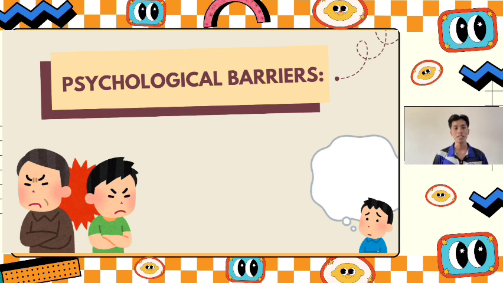So they may misinterpret the message or react defensively. The next one is anxiety. So when a listener is experiencing anxiety, they may find it difficult to concentrate and may miss important information due to the preoccupation with their own worries. Next example of psychological barrier, frustration.